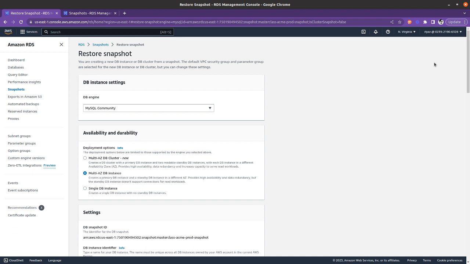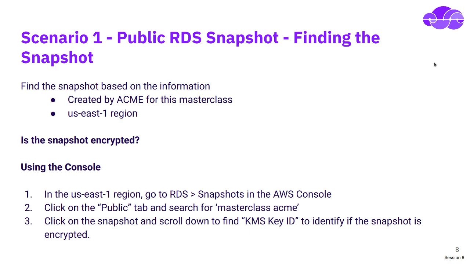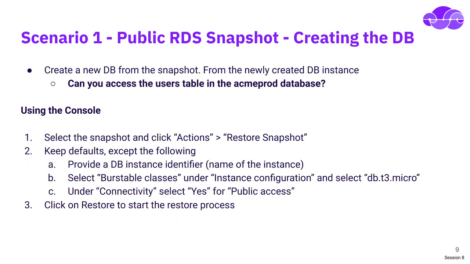I'll put up the default values you need to use on screen here. This snapshot is not encrypted. Here are the instructions. Restore snapshot. Keep all the defaults except for providing a DB name, and select instance configuration to be db.t3.micro.